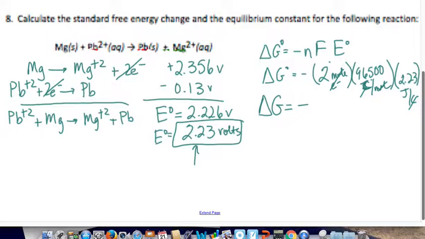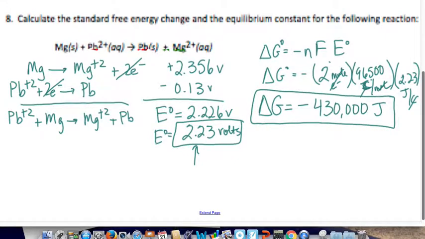So 3 sig figs, yeah. 2 is a perfect exact number, so it's not going to have sig figs. And this constant has 3 as well. Negative 430,000. Does anyone else agree? Yep. Joules. And it is negative, so it is spontaneous, and this is proving as such.